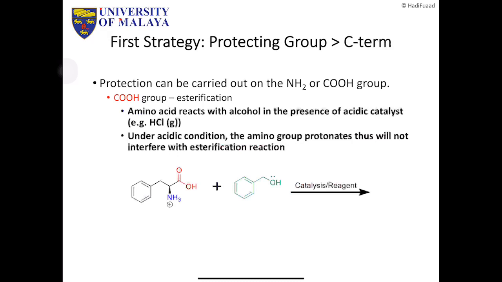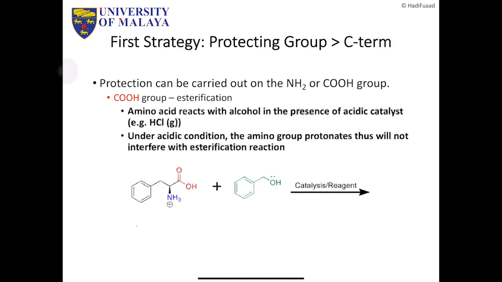Okay, so the carboxyl acid group, esterification: the amino acid reacts with alcohol in the presence of an acidic catalyst, for example, hydrochloric acid gas. Under this acidic condition, the amino group protonates, thus it will not interfere with the esterification reaction.